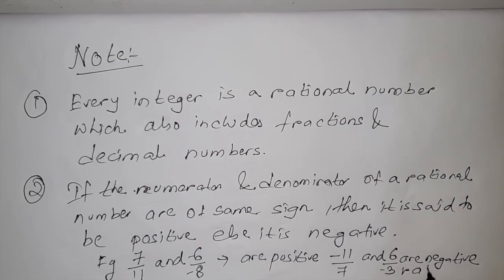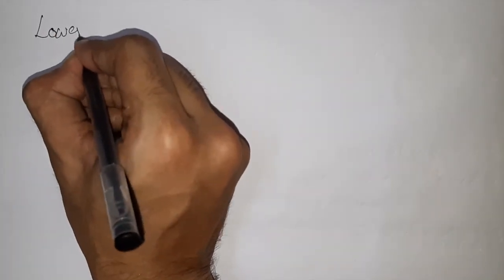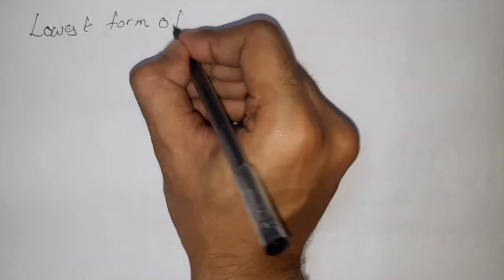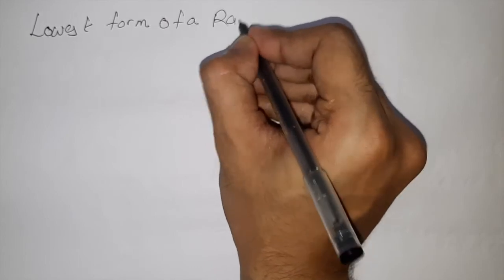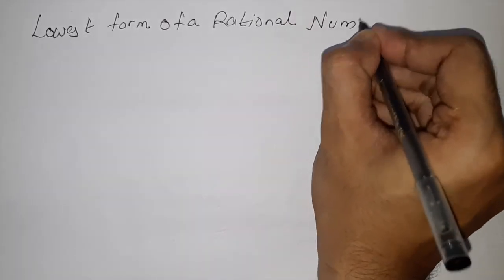Now comes the lowest form of a rational number.